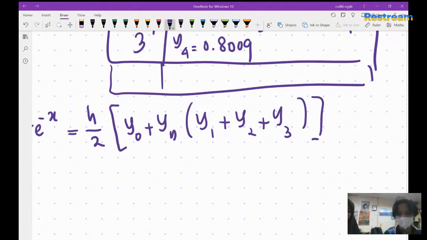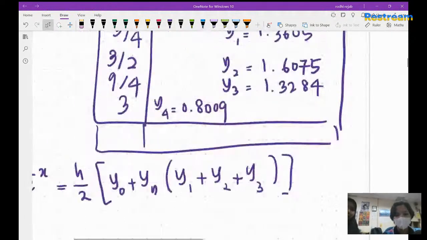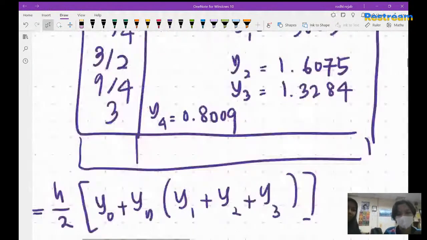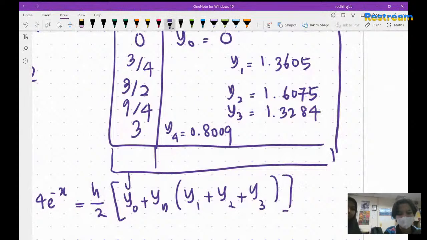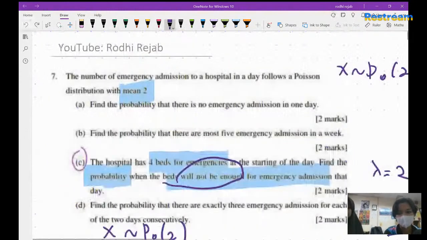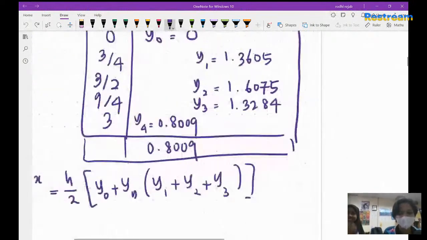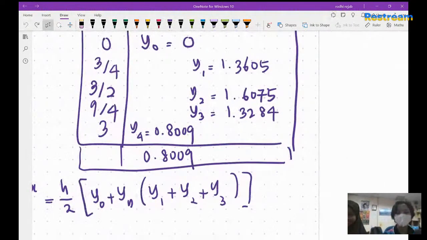It will make life easier if we just total everything up. So y initial and yn, this part, the total would be 0.8009. And this part is the same as this one.